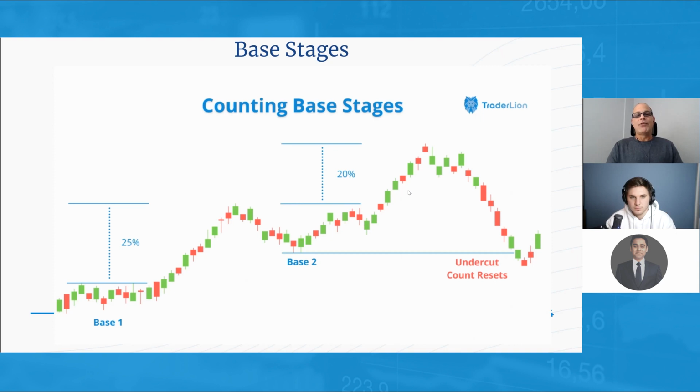Now, through historical studies done at William O'Neil and Company, we know that the average move between one base and the next is about 20 to 25%. We also know that a stock goes on average through about 3, maybe 4 base stages before things get a little bit out of control and it needs to take a breather.